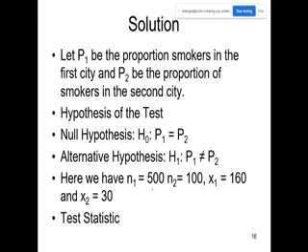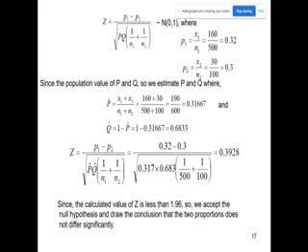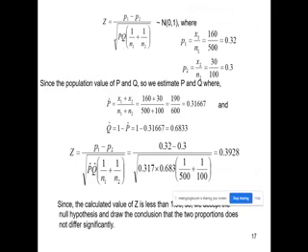So by the question we have n1 equal to 500, that is the first sample size, n2 equal to 100, the second sample size, x1, the number of smokers in the first sample, 160 out of 500, x2, the number of smokers in the second sample, that is 30. So based on this we compute the value of the test statistic. So you see here is my test statistic.